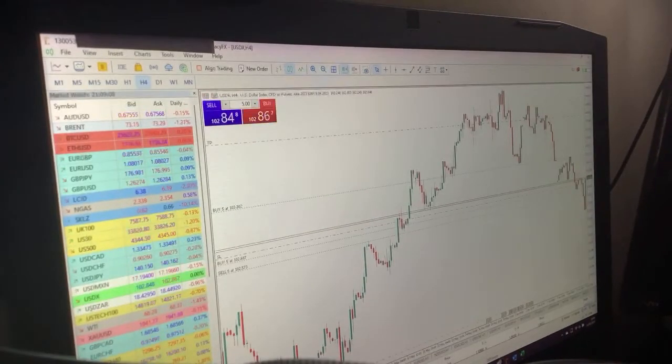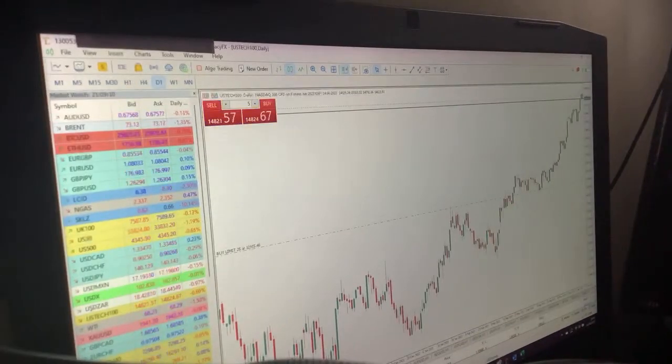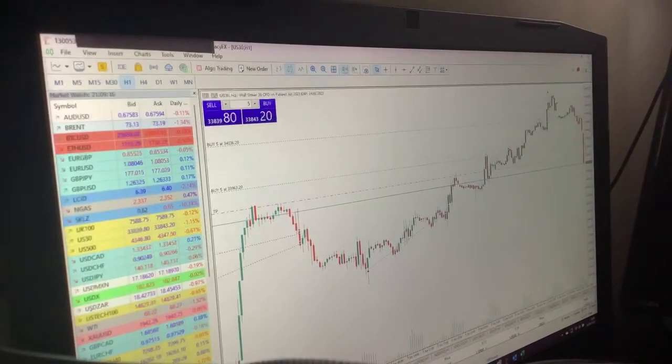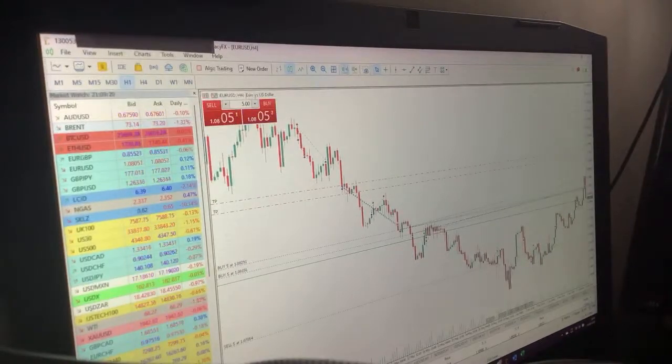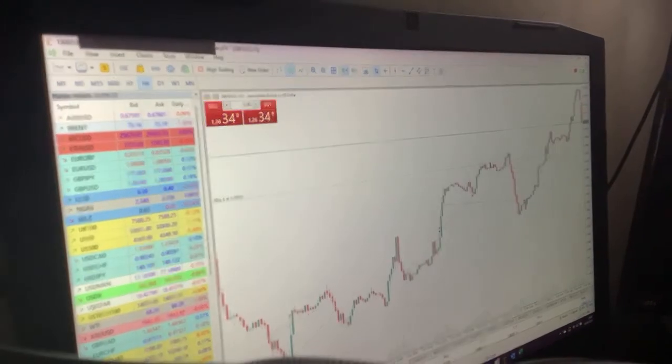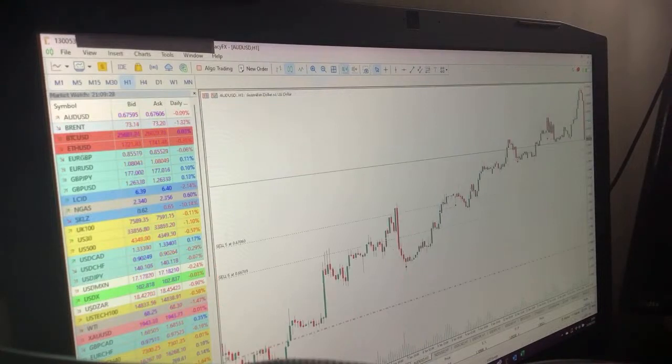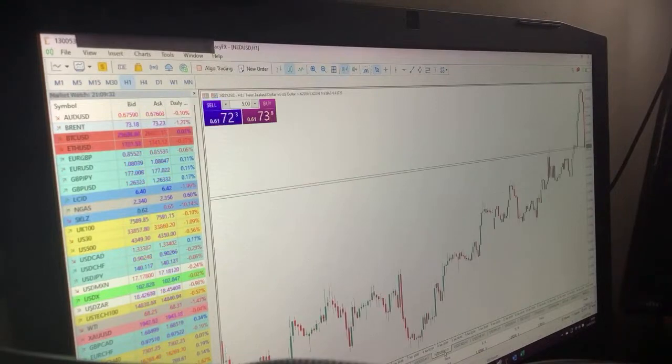Yeah, US dollar index is carrying on going up as well. Index is still not there. Yeah, US 30 is in loss, US 500 in loss, EUR USD in loss. GBP USD trade is closed because the pending trade didn't trigger, and AUD USD is not in loss either.